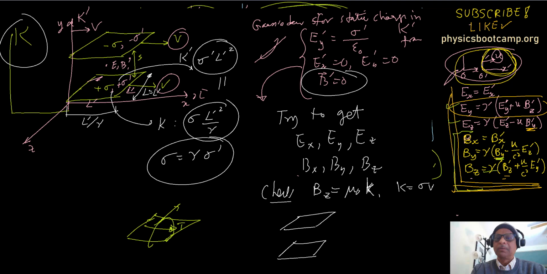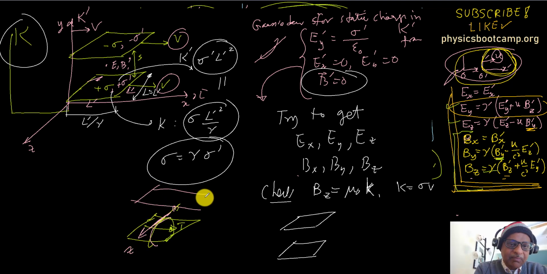Let me see. Actually, this is not correct. It goes that way, so it's in the Z direction. And same over here: the negative charge is moving this way, which means the current is going that way.